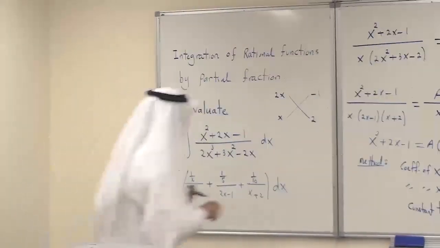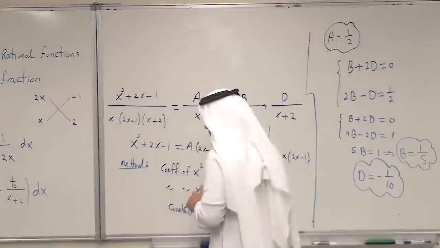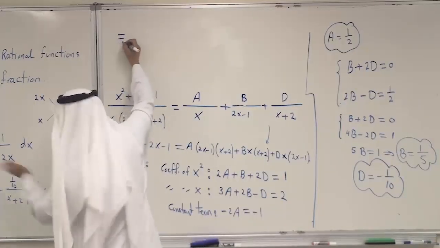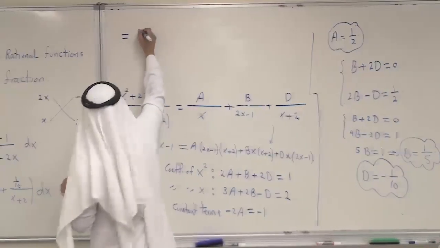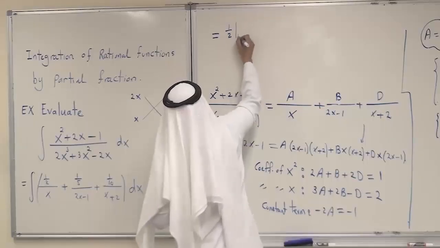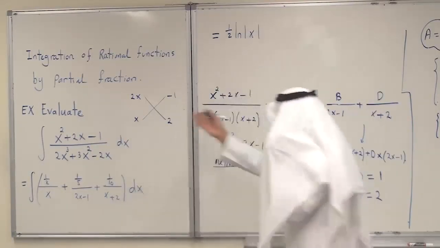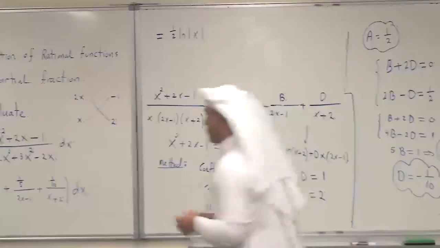Okay, to get the final answer, quickly we have the following. Our integral is equal to 1/2 ln of absolute value of x. That's the first one. You can take the constant out and integrate. For the second term, we need the derivative of this.